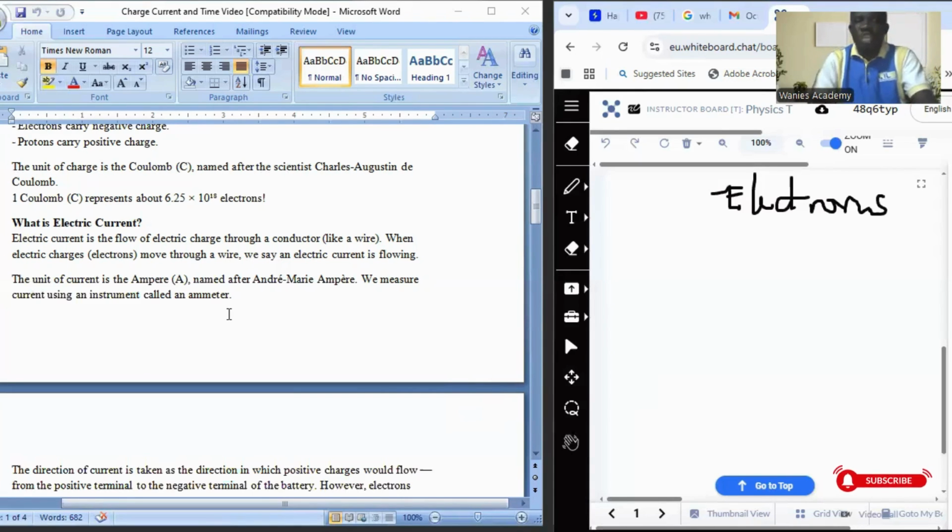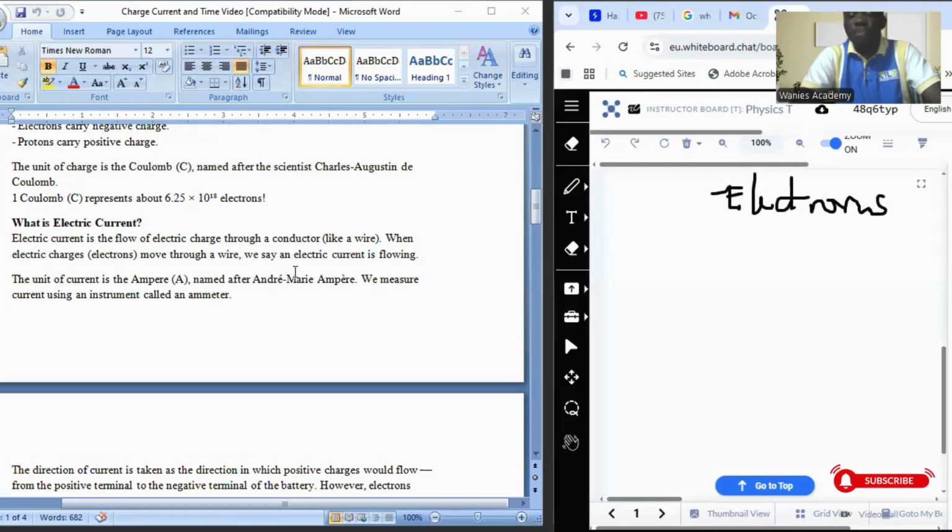So now, the unit of current is the ampere. This unit is also used to honor another scientist, André Marie Ampere. We measure current using an instrument known as an ammeter. The ammeter is used to measure current.